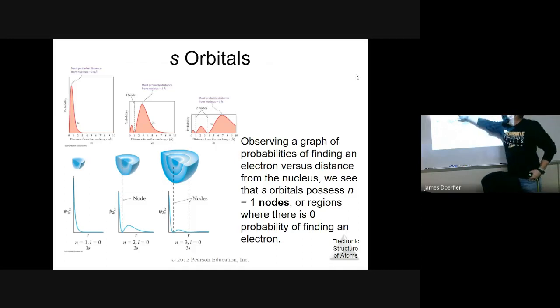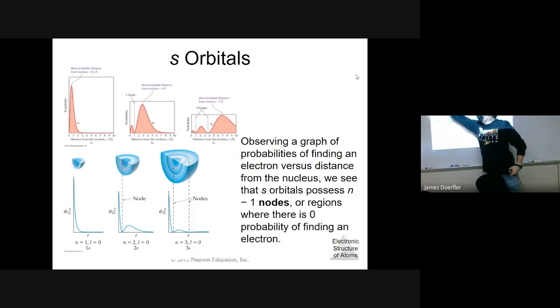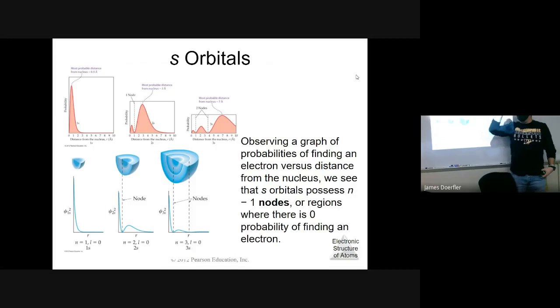As you see here in this graph, 1s has a high probability of finding an electron. 2s, we have this distinction here between 1s and 2s. We have this little node right here where there's 0 probability of finding an electron in that location.